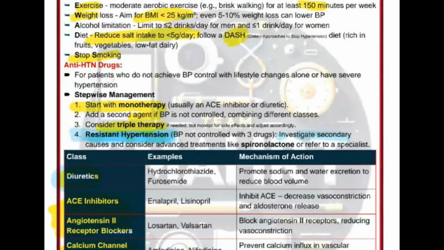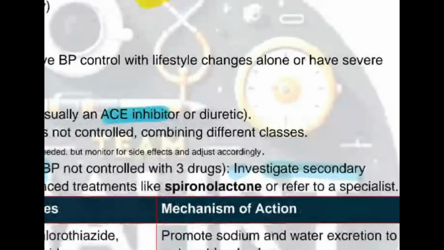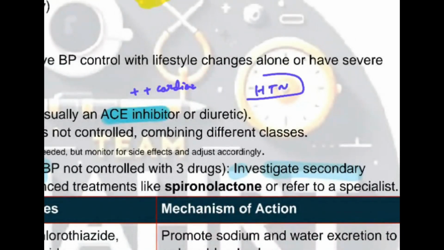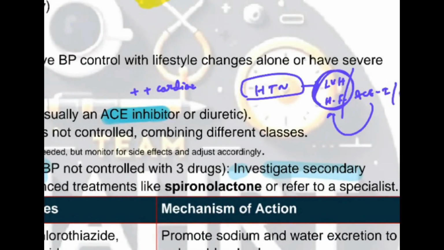Initially, it is always safe to start with ACE inhibitors. Because ACE inhibitors or ARBs have been shown to positively affect cardiac remodeling. Meaning, if the individual, due to hypertension, had developed some heart-related conditions like LVH or was going to develop heart failure, then these ACE inhibitors or ARBs will reverse these complications.